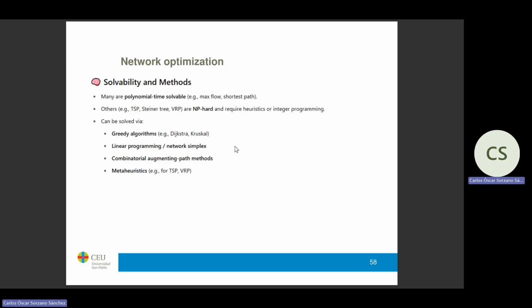Most of these problems on networks, or at least many of them, can be solved in polynomial time, like max flow or shortest path. That means that they are very efficient: as the graph grows, you can still solve it in a reasonable amount of time.